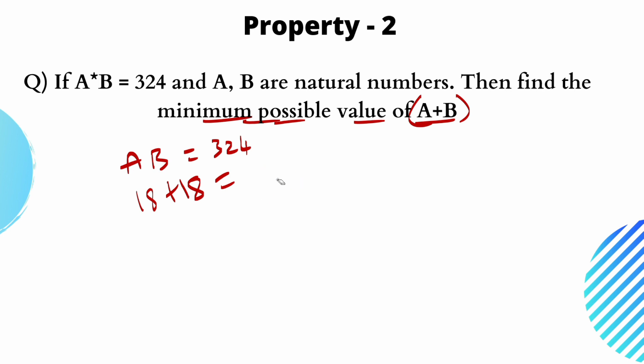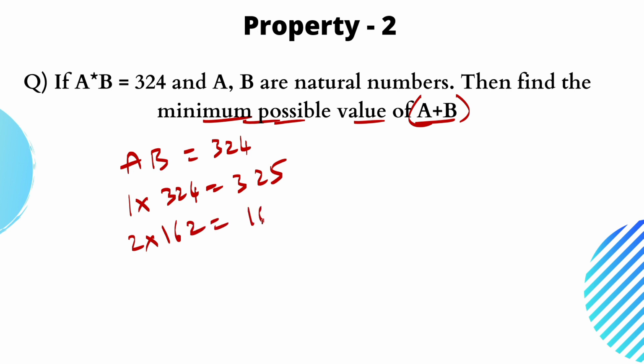and this is the minimum possible number. But how can we do that in a step by step manner? See, 1 into 324 is 324, but what is the sum? 1 + 324 is equal to 325. And in the second case we will take 2 into 162. This is 324 and the sum is 164, right? So we want the minimum possible value.